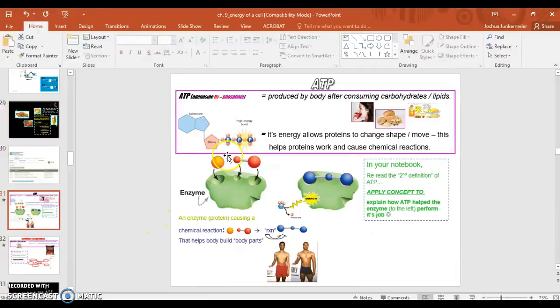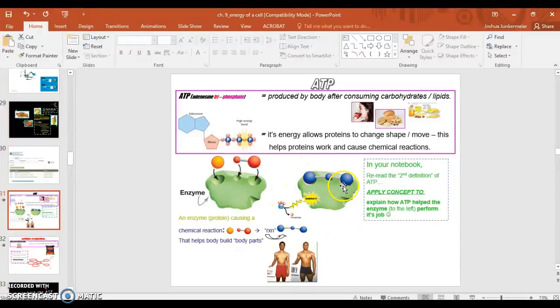And this problem below shows an enzyme, and this enzyme, like all enzymes, is a type of protein that causes chemical reactions. So your goal is to look at this right here. These are the atoms or molecules that this enzyme bonds to. As you can see, this is before, and this picture is after. And right here, this guy is ATP, and you can see it's providing the enzyme with something.